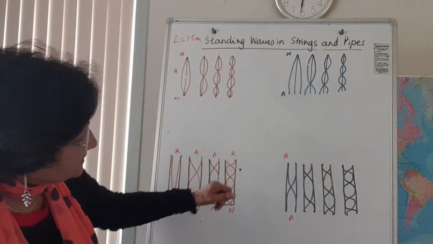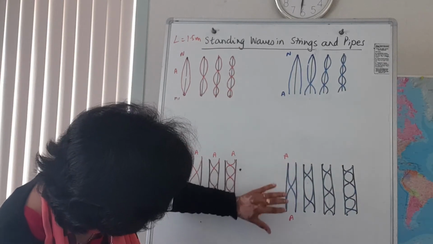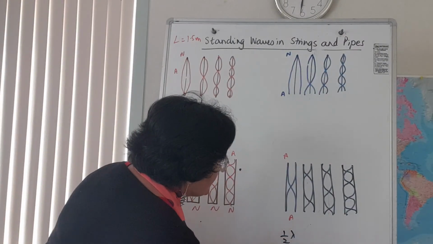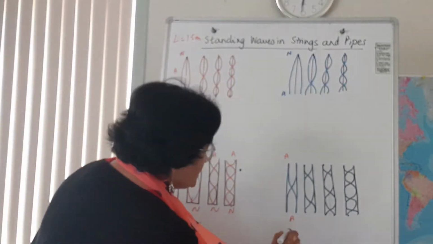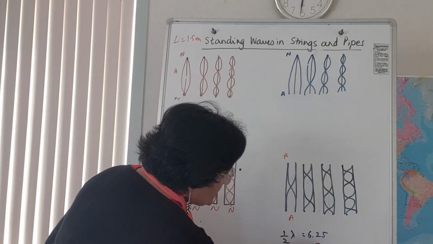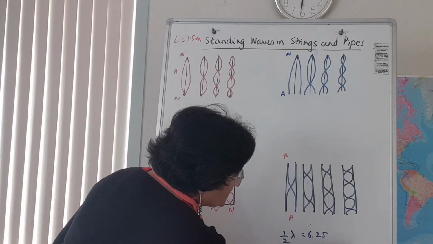Okay, and then so what is this wavelength? So this is actually a quarter, that's another quarter. So this is actually half a wavelength. So half wavelength, and I think the length of the pipe is 6.25 meters. So wavelength is 2 times 6.25, which is 12.5 meters.